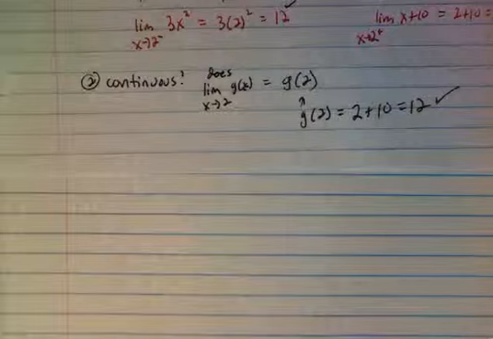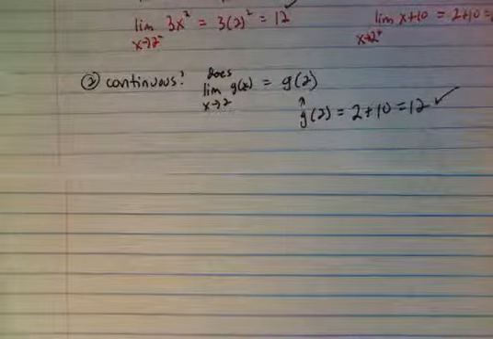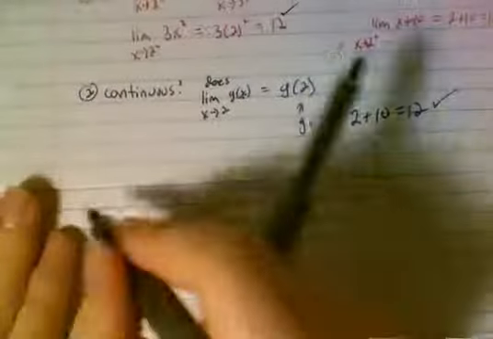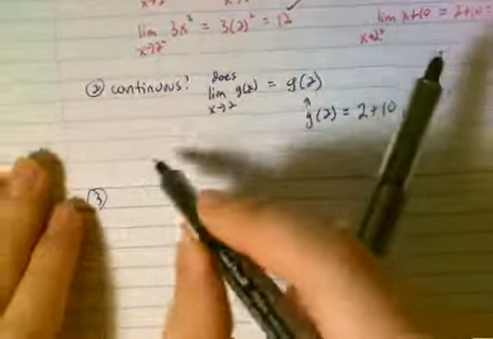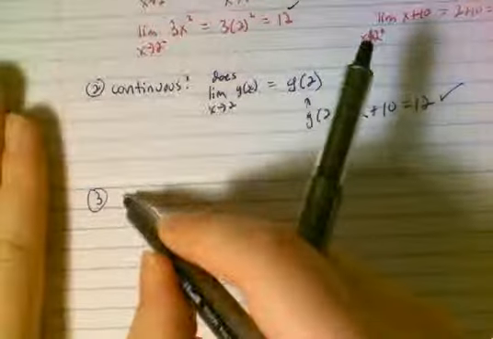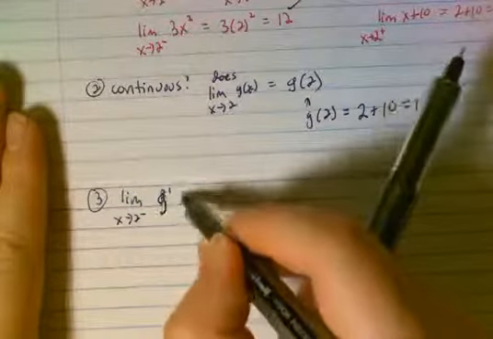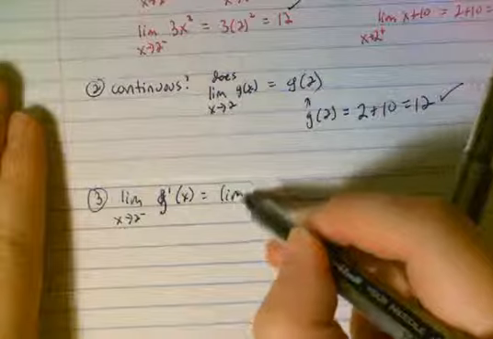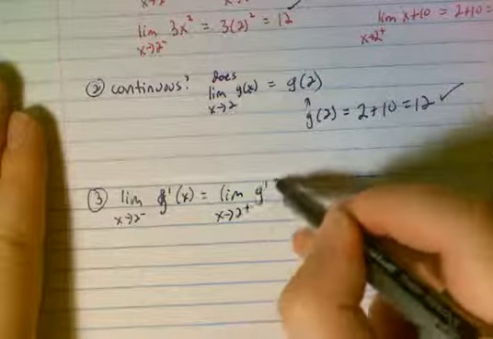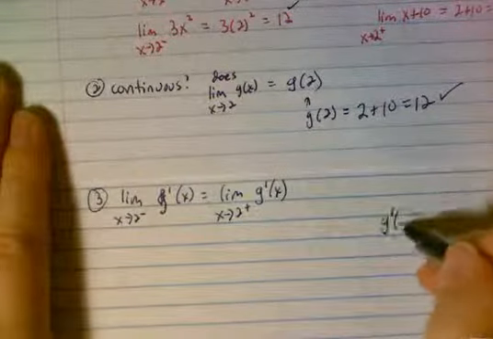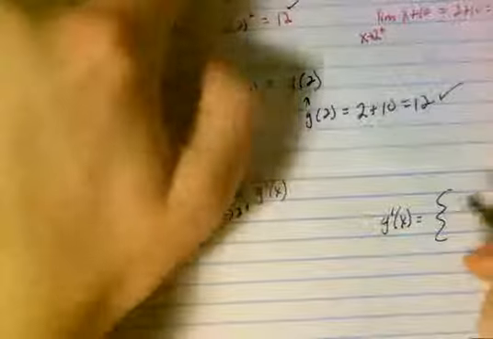And then finally, is f of x differentiable? So that means that the limit as x approaches 2 from the left of g prime of x equals the limit as x approaches 2 from the right of g prime of x. So g prime of x, if we take the derivative of 3x squared, that's 6x.